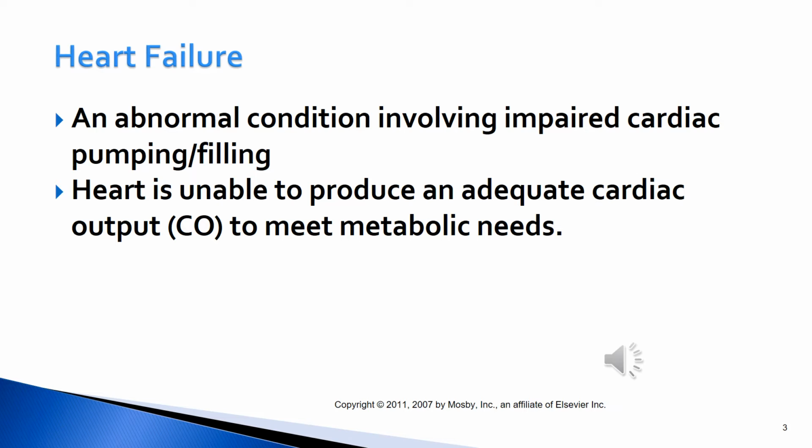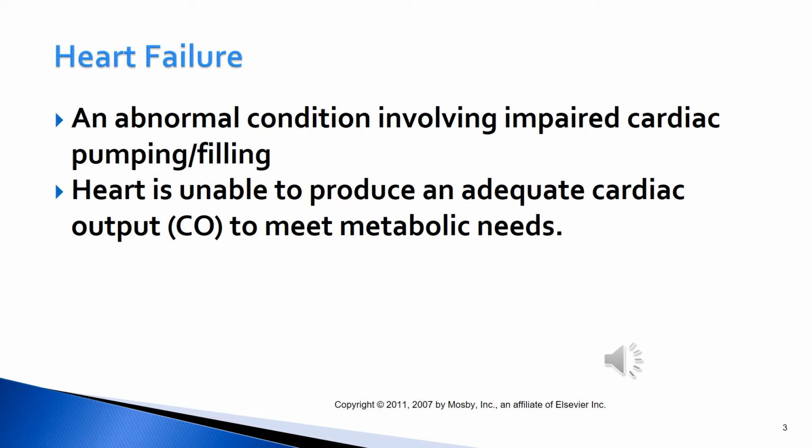This slide goes over that description a little bit: an abnormal condition involving impaired cardiac pumping and/or filling. If it's not effectively pumping, then it's not effectively ejecting or getting rid of the blood, which means it will affect the refilling process of the heart because there may be residual blood left. It's just not able to meet the demands of the body.